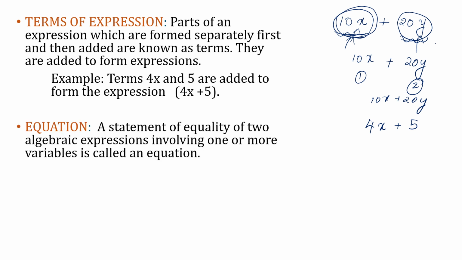Now, what is an equation? We have learned what an algebraic expression is. To learn the equation, when we have an algebraic expression like this and it is equated to some other value, suppose 4x plus 5 is equal to 2y, we can see that there is an equal to symbol, there is a value on the left hand side of the equal to symbol, and this is matched to the right hand side.